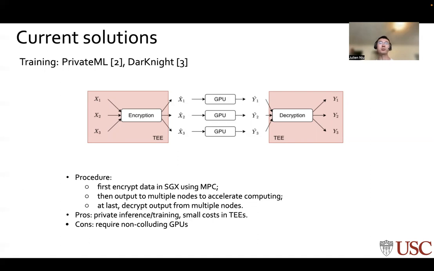If this assumption fails, any single node can reconstruct the data, so the privacy protection is significantly compromised.